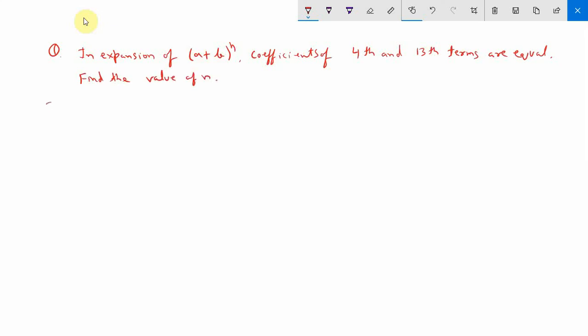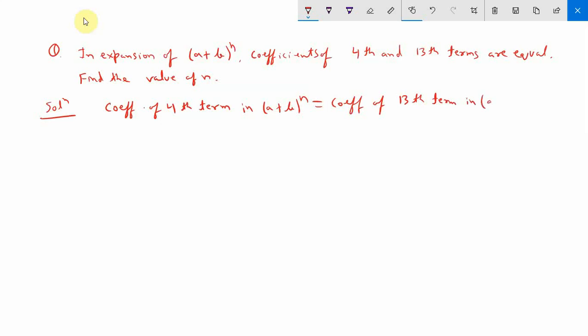So how will we proceed here? See, we have to equate the coefficients. So we can write the coefficient of the 4th term in (a plus b) to the power n is equal to the coefficient of the 13th term in (a plus b) to the power n.